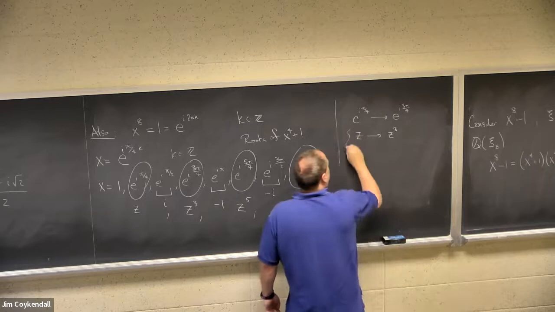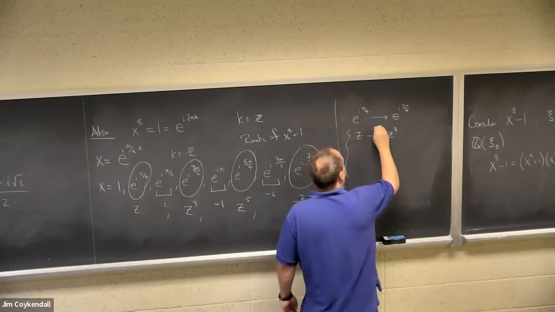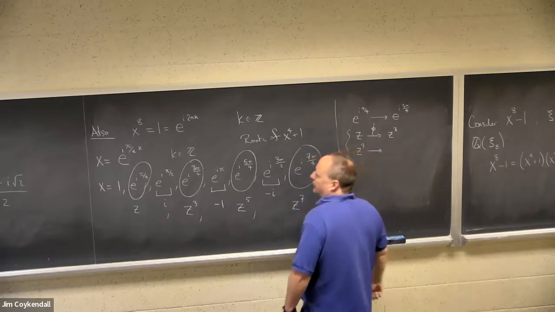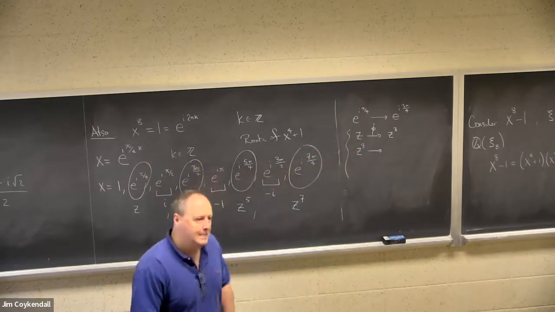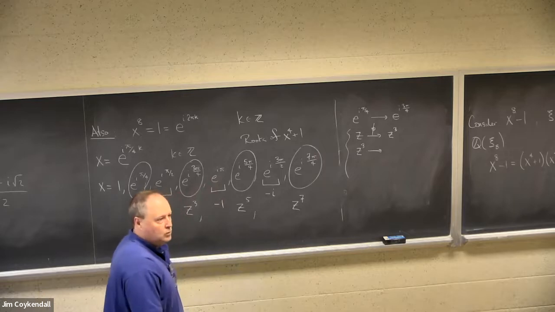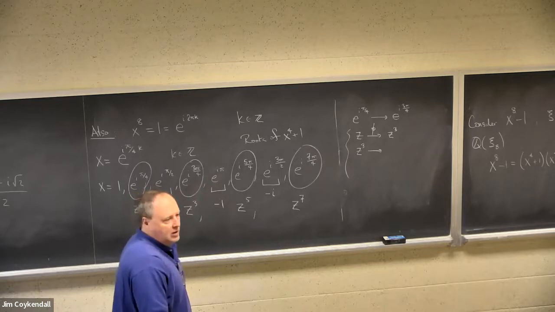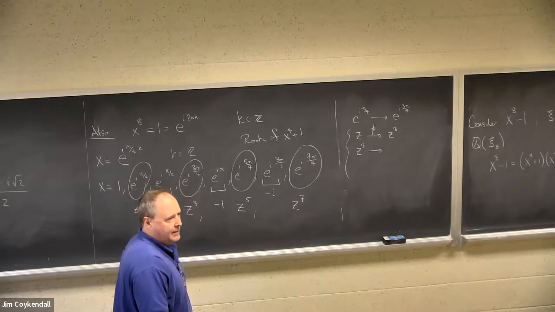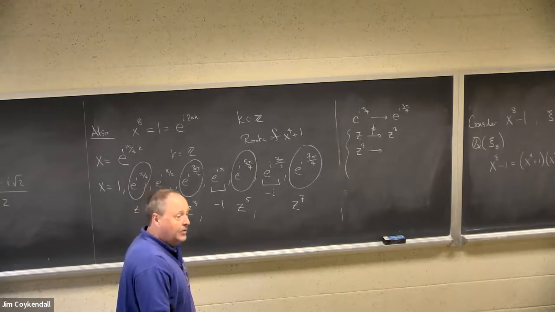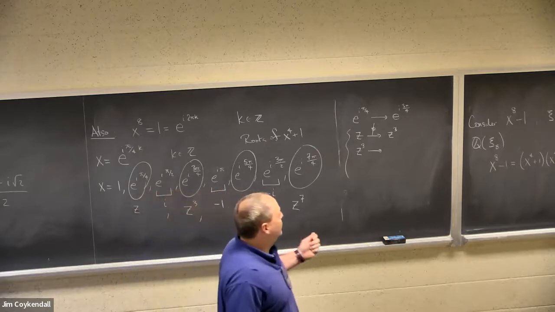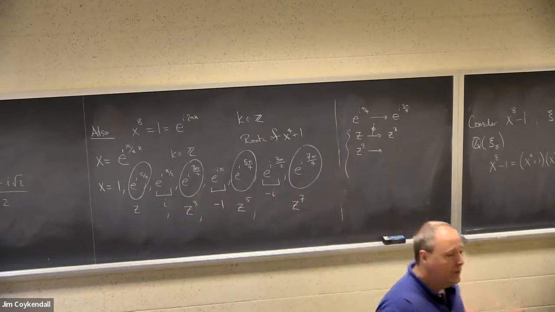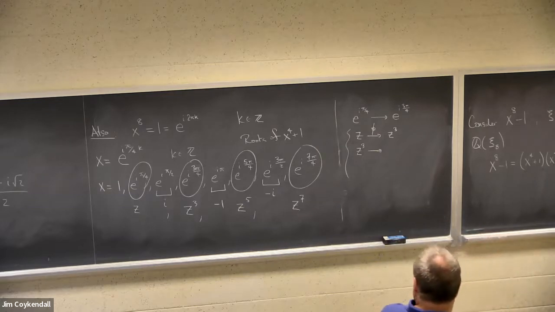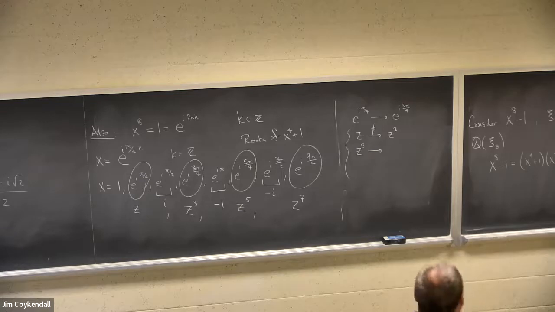So let's induce this. If Z goes to Z cubed, where does Z cubed go? Well, if Z goes to Z3 or Z cubed, Z cubed needs to go to Z9, which is Z. That is correct.